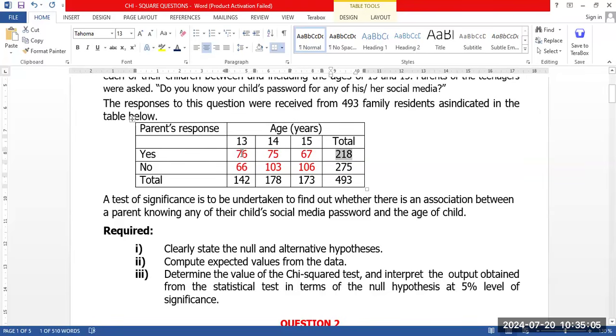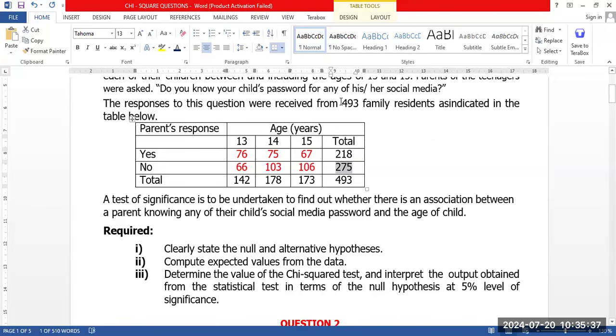Then what is the column total corresponding to this 76? It is 142. And how do you get these totals? You just get the observed values. Get this one plus this one, plus this one, you get 173. Then to get the column total, you get what you have here plus this plus this.